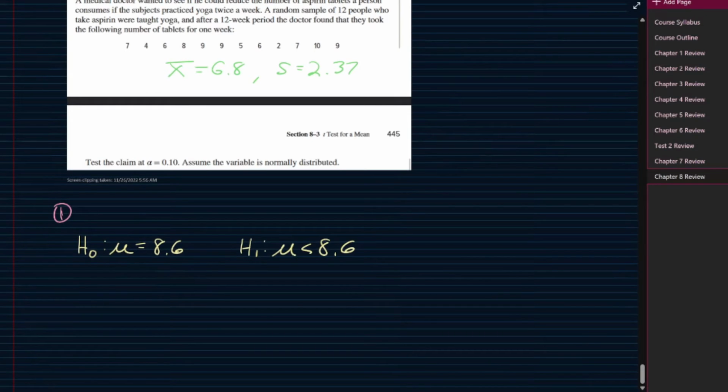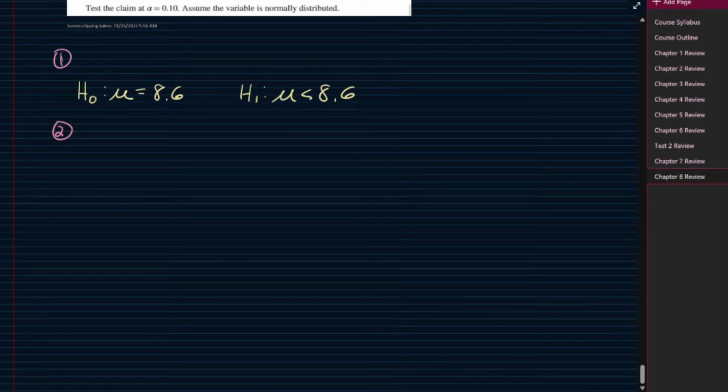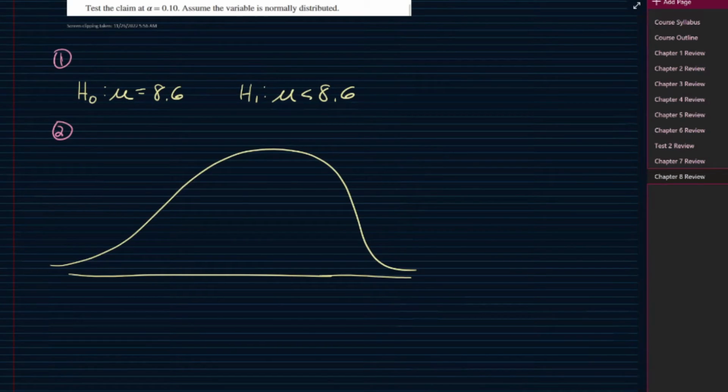Step 2, find the critical value or values. Our alpha in this case is what? 0.1. It's going to be a left tail test here. Since our alpha is 0.1, this is going to be 90%.